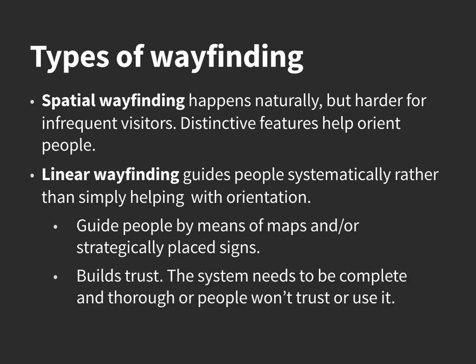Now, linear wayfinding is good in that it builds trust, but the system itself needs to be complete and thorough, or people won't trust it or use it. So then it's sort of useless. So it really needs to be built in such a way that it's very thorough and complete, and people can trust in it.